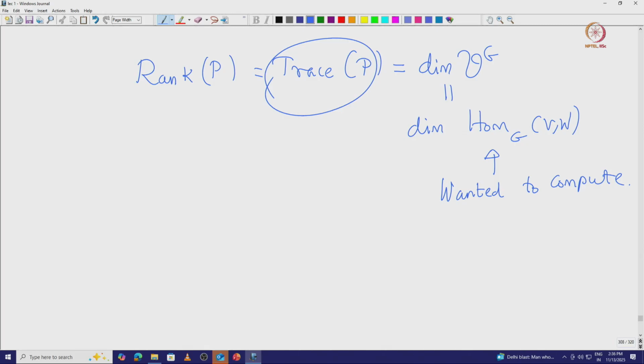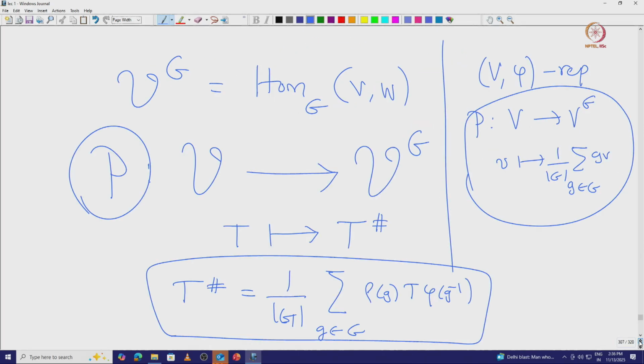So, you can see that once you put it in this language, all that was needed was realizing that the Hom space is a G-module, and then this fixed point subspace captures the G-invariant maps from V to W, and we were interested in understanding what happens to this, and that is indeed given directly by Schur's lemma.